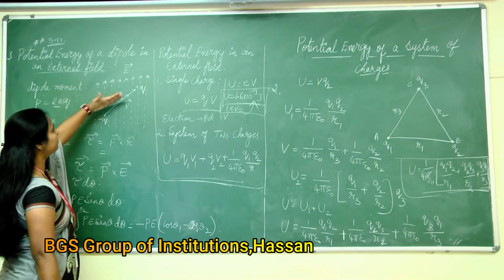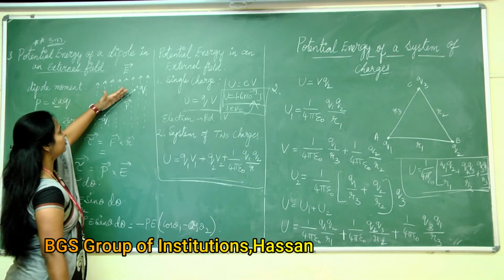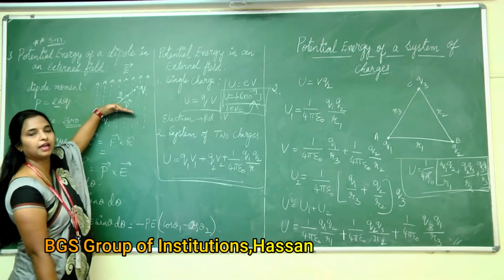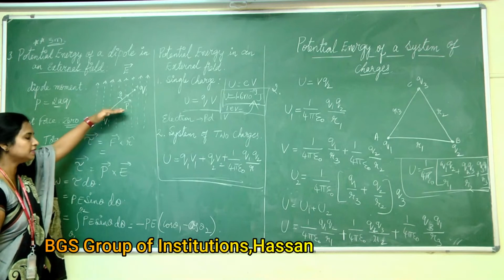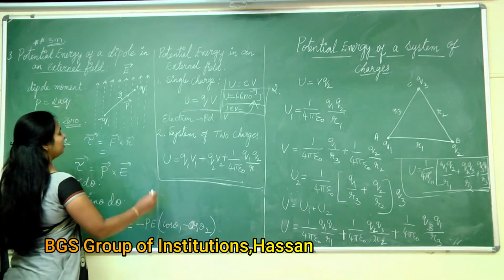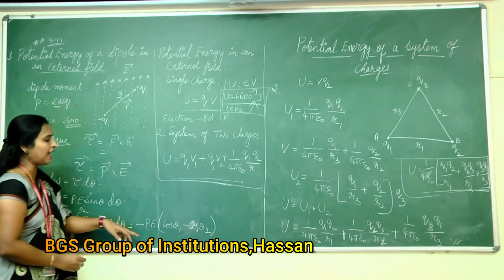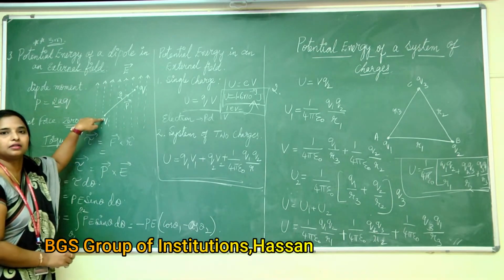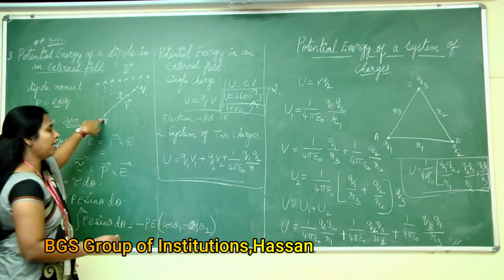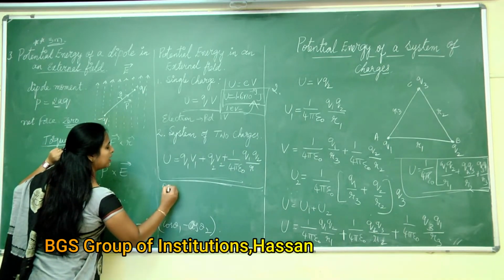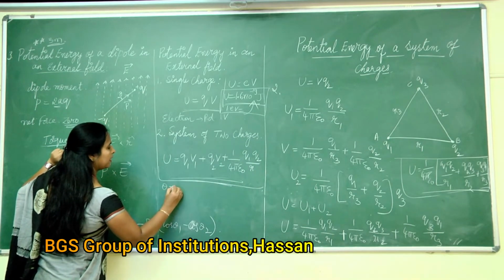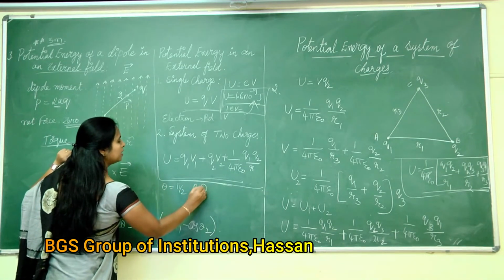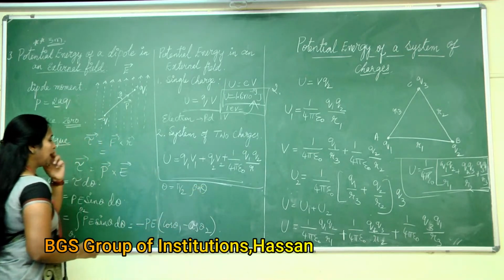Now again, as I said, if the dipole neutralizes, or comes to the direction perpendicular to the electric field, the potential energy becomes 0. That is why we take the initial angle as pi by 2, where the dipole has neutralized, and the limits go from pi by 2 to theta.